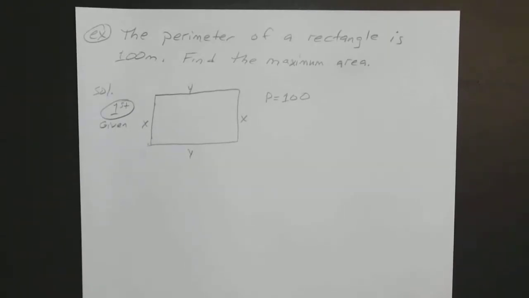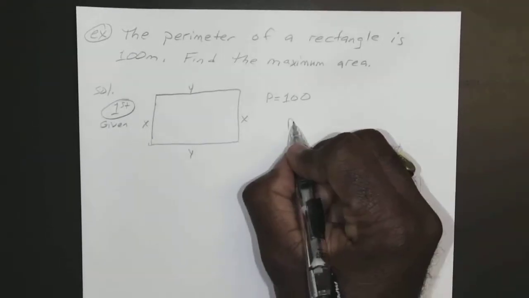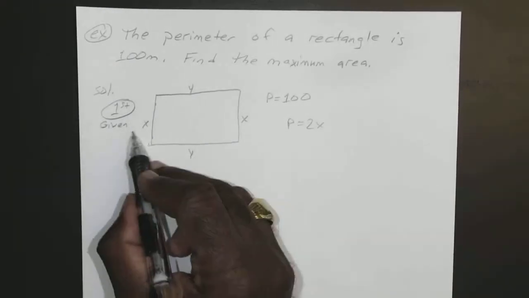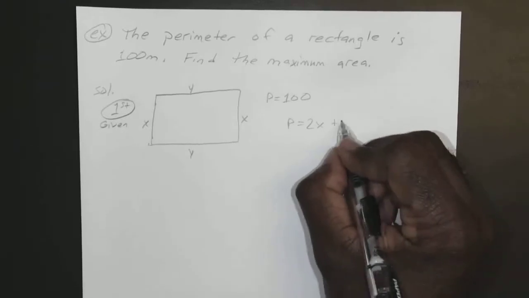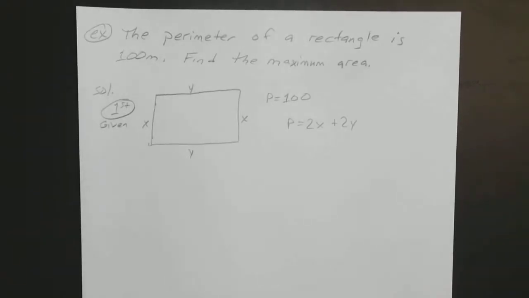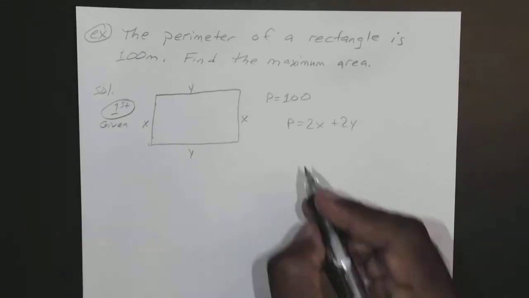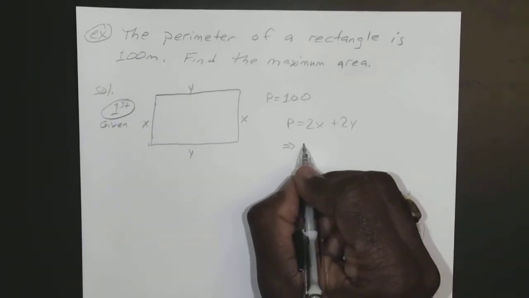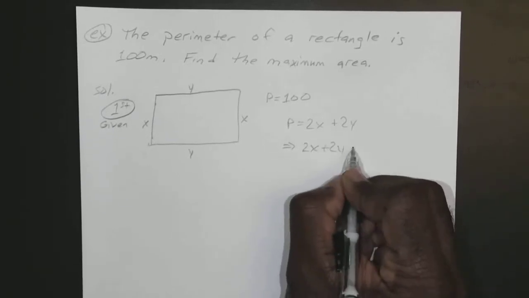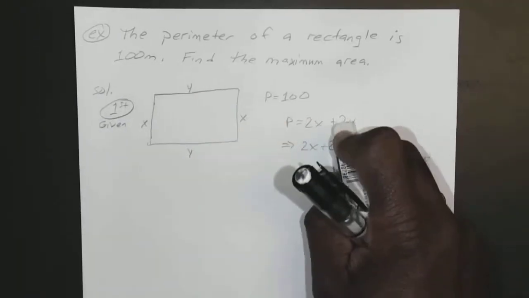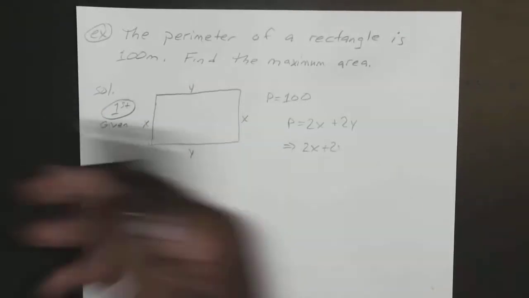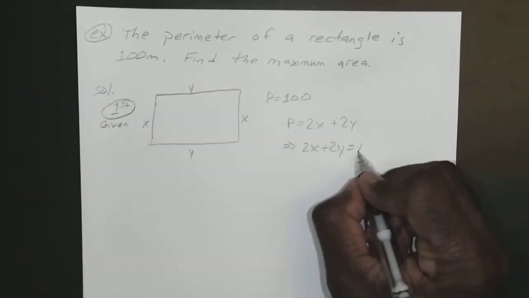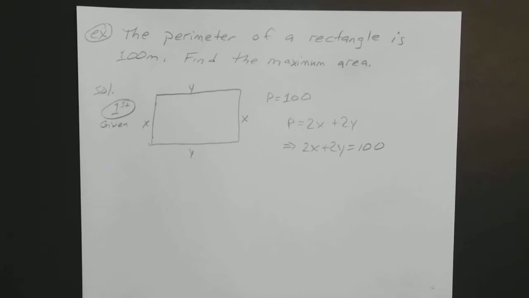Since we're talking about a perimeter, it is 2x plus 2y, which means we have 2x plus 2y equals 100. All right. So next, we have to find our primary equation.